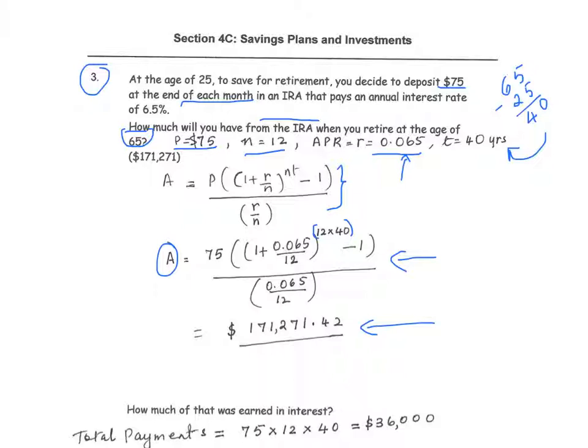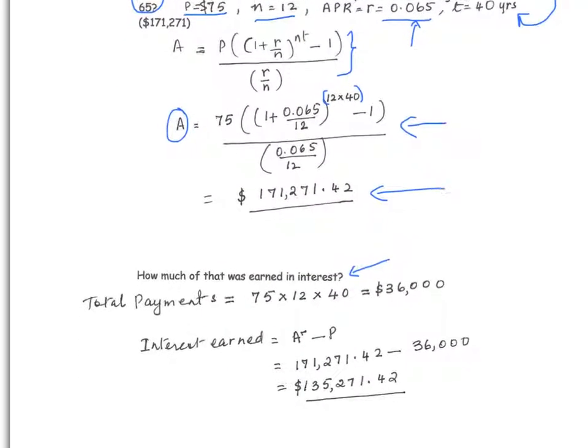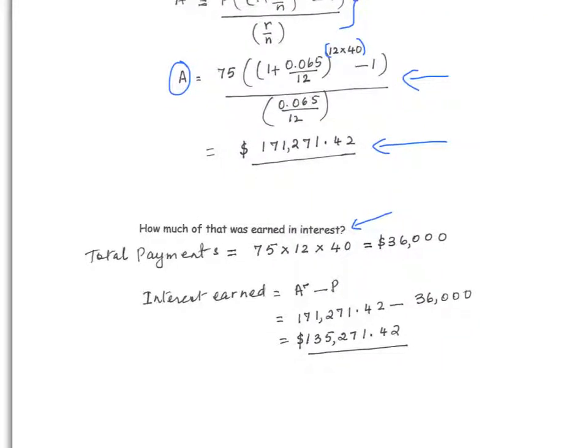The next question that follows is just like the ones we've seen before. How much money is earned in interest? So we have a total of this amount, $171,271.42. But part of this has come in the form of interest earnings. So again, it's the same idea.